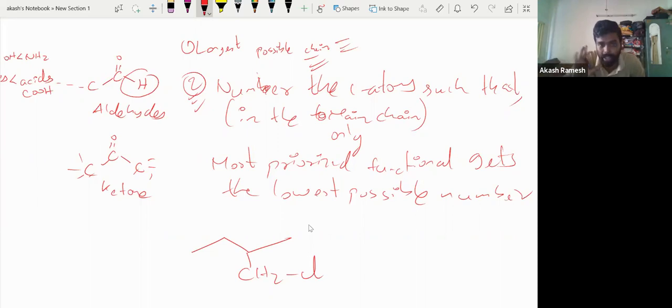Just identify the longest possible chain and give numbers only to the carbon atoms in it. If there is any branch, do not give any number to that. Keeping this in mind, make sure the most prioritized functional group gets the lowest possible number. I'll give you 30 more seconds. Quickly do it.